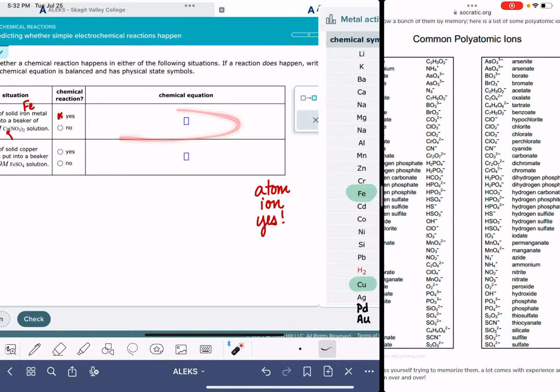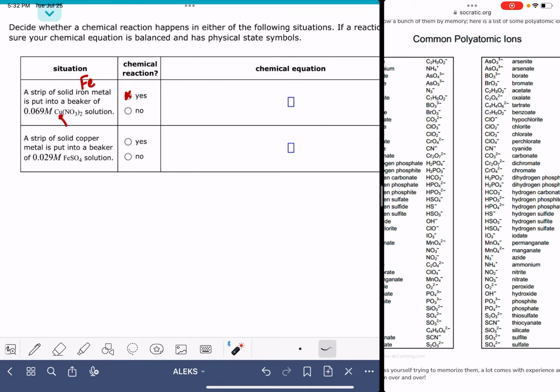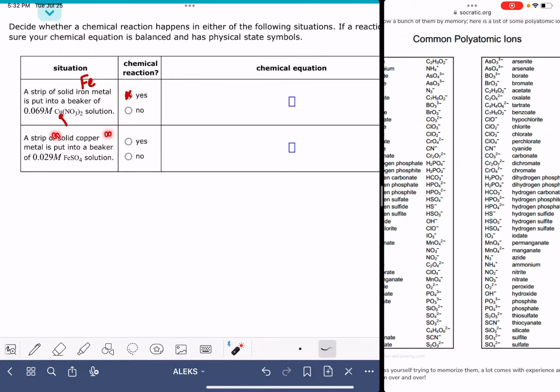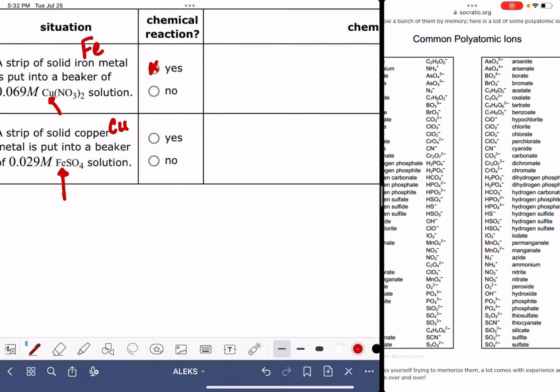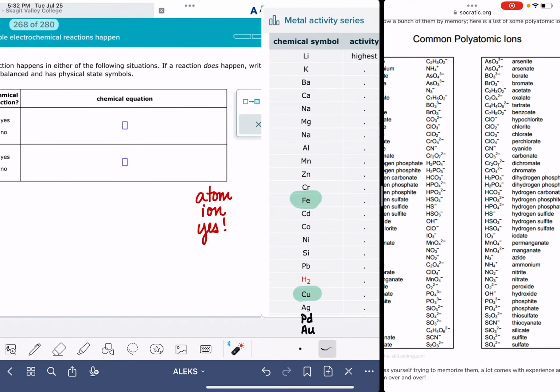Before we do that, let's practice this process with our second example. For this one, it says we have solid copper metal. So copper in this case is our atom, and it is put into an iron ion solution. Maybe I'll make a note that this was the ion. So for this situation, we have copper, the atom, and iron, the ion, same elements.